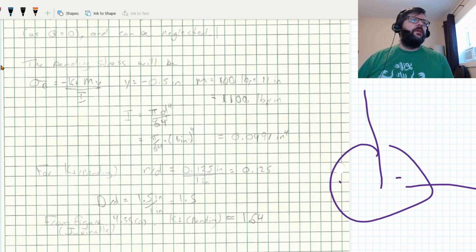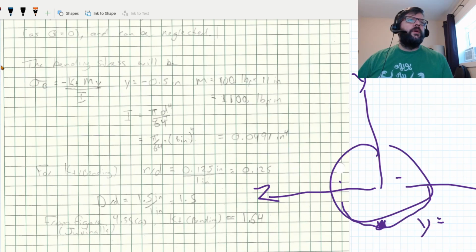I think this is the y direction. This is the z direction. So we're looking at right here. So y is equal to, because the diameter of the smaller section at that fillet is the 1 inch.